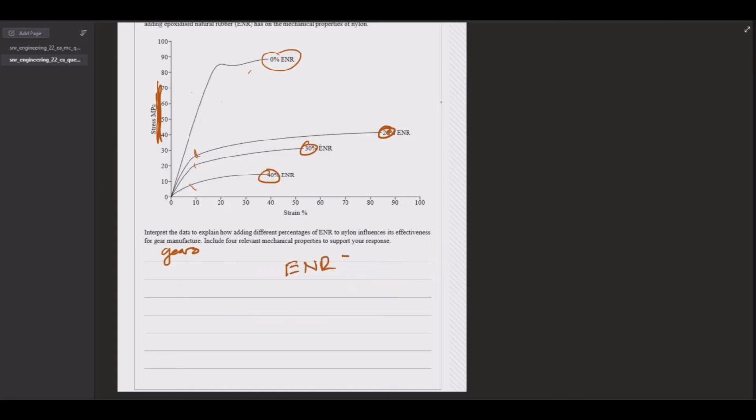Let's make this simpler. More ENR is less effectiveness for gears.